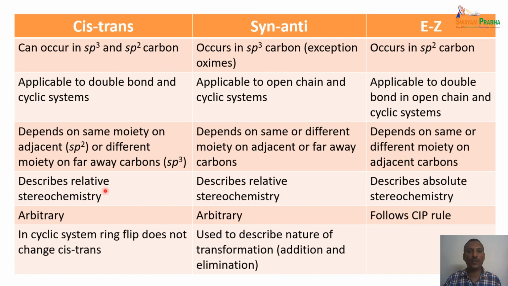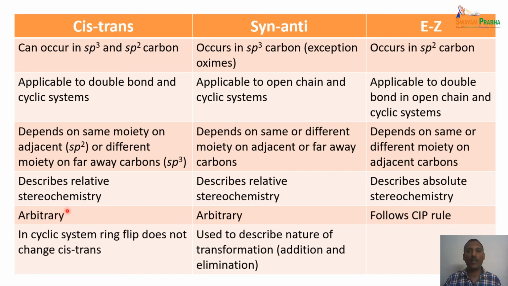And both the cis-trans and the Syn-Anti are basically relative stereochemistry, whereas E-Z nomenclature is generally an absolute stereochemistry. That means when we say this is a relative stereochemistry, we have to arbitrarily assign whether the groups are on the same side or on the opposite side. There is nothing called absolute arrangement.